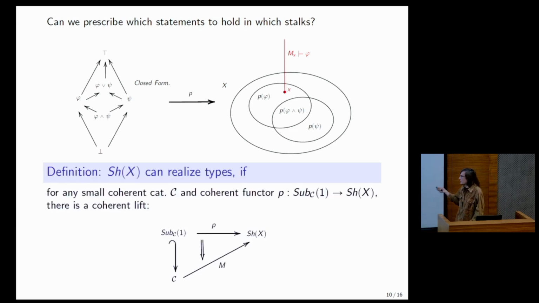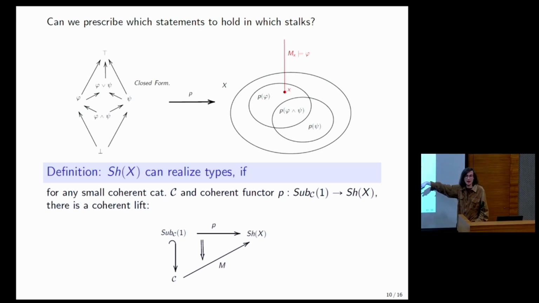Now this has some elegant category theoretic formulation as a lifting property, so that these subobjects of one, that's the lattice of closed formulas when you think about this category of definable sets, and a homomorphism like that is just a coherent functor like that, and this property is expressed by this triangle having this natural transformation in it.